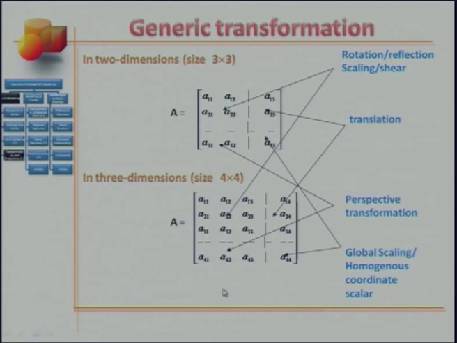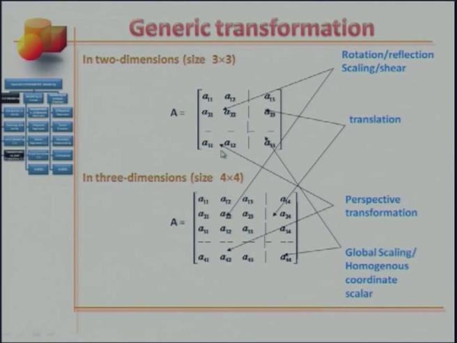In summary, any 2-dimensional transformation will have the size 3 by 3. This matrix can be subdivided into 4 parts. The top left will represent rotation, reflection, scaling and shear. The top right will represent translation.